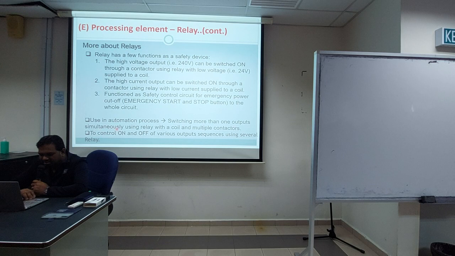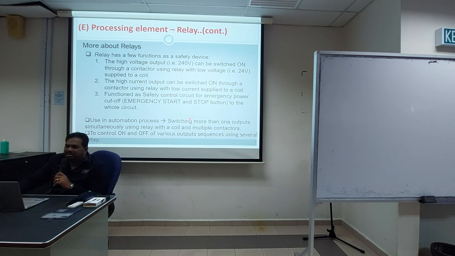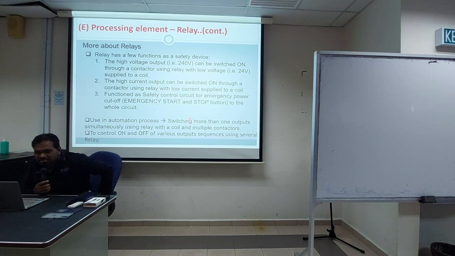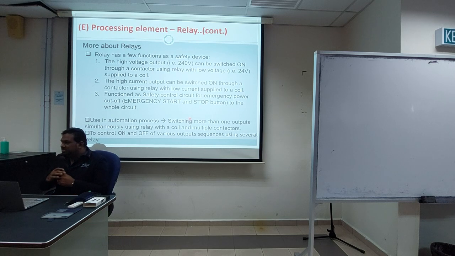Okay, so it's used a lot in the automation process, switching more than one output simultaneously using relay with a coil and multiple contactors. So another flexibility, by switching on one relay contact, dia boleh control a lot of component at one time. Macam if you still know about cascading, so dalam cascading pun you ada group changing valve.